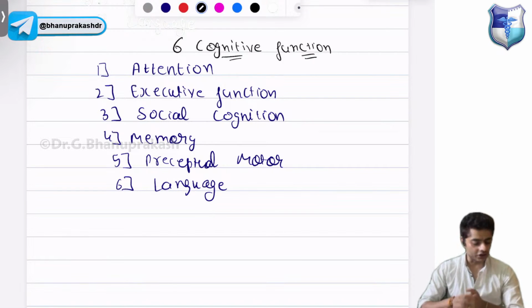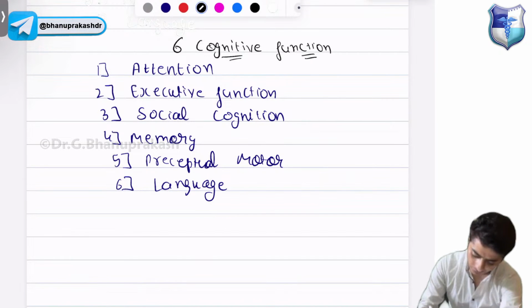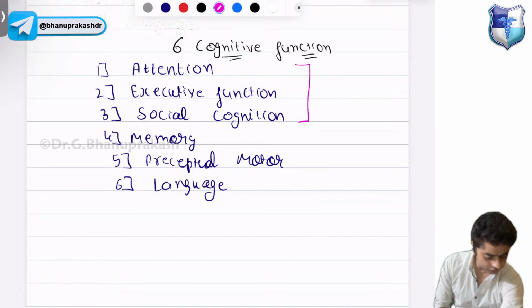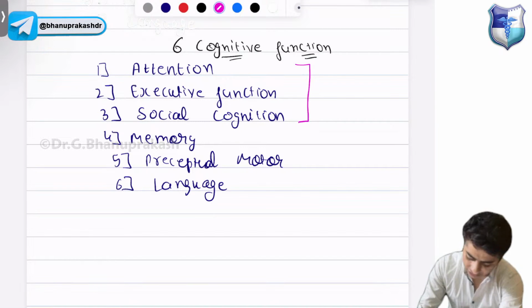Prefrontal. Very good, Madhu Manjari. It is done by your prefrontal cortex. So we can say that these three are done by the prefrontal cortex.